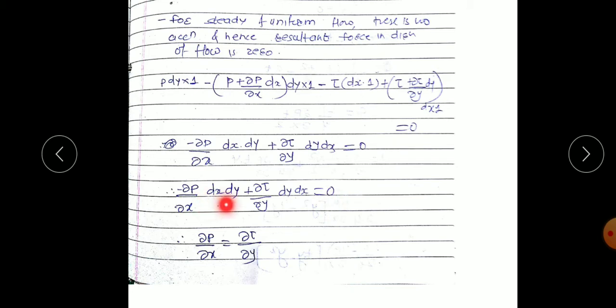Since dx dy is common, cancelling these we get delta p by delta x, the pressure gradient along x, equal to the shear stress gradient along the y direction. So delta p by delta x equals delta tau by delta y.